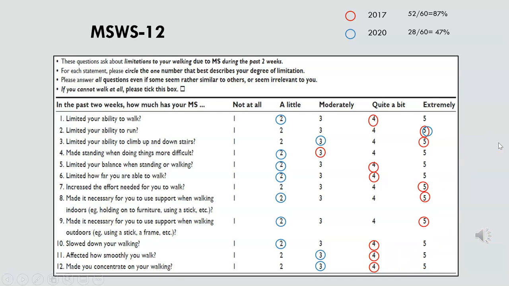Before I move on to the last standardized outcome measure that we'll talk about in this lab, I just wanted to take a few moments to make some links to lecture related to the patient with MS and some of those favorable versus unfavorable prognostic factors.